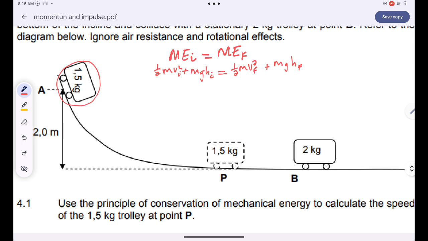And it was released. It was not pushed. It was not propelled. So since it was at rest, it simply means its initial velocity was 0. So if the initial velocity is 0, it simply means that kinetic energy is also 0.